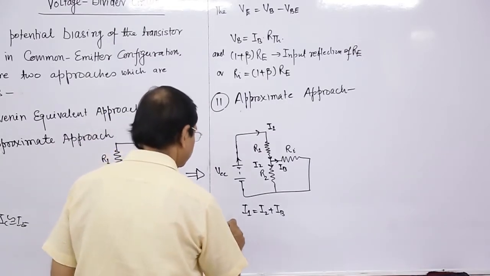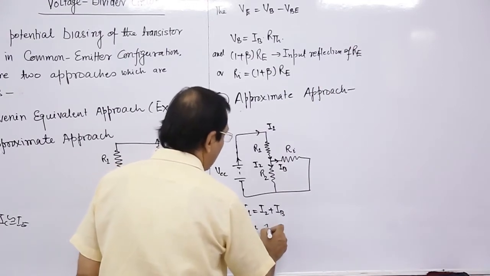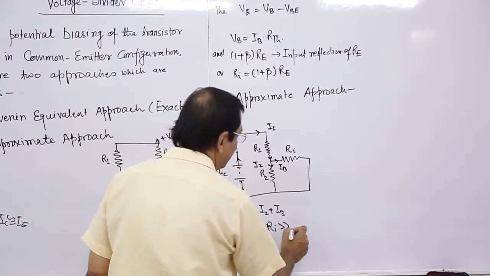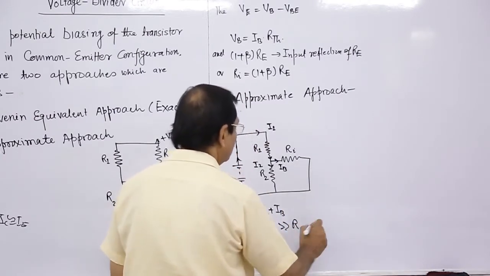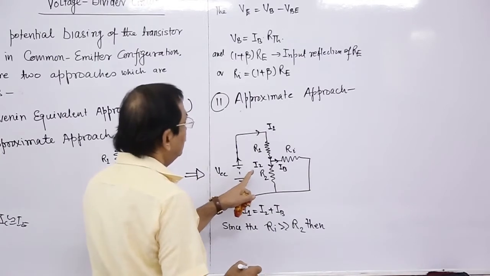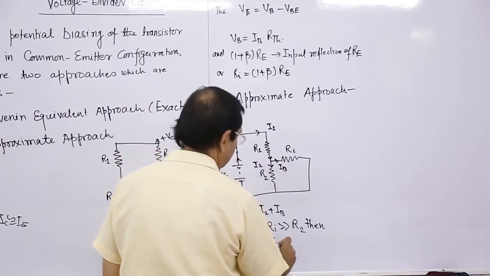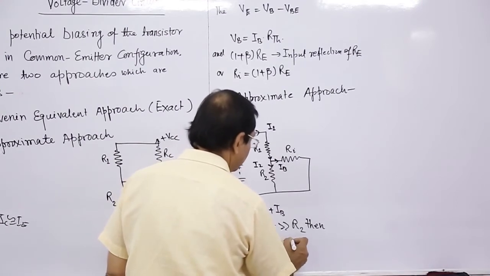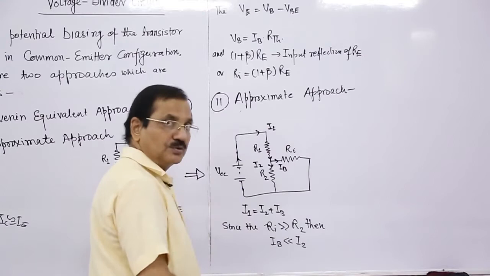Since R1 is very, very large in comparison to R2, this IB is very, very less in comparison to I2.